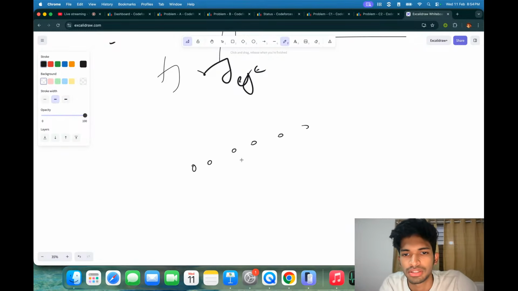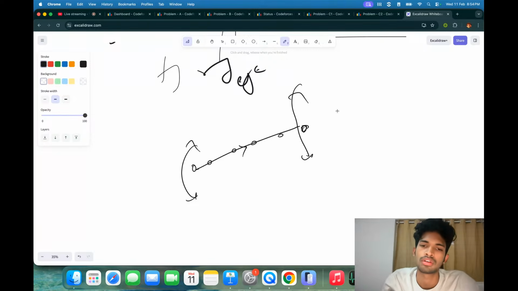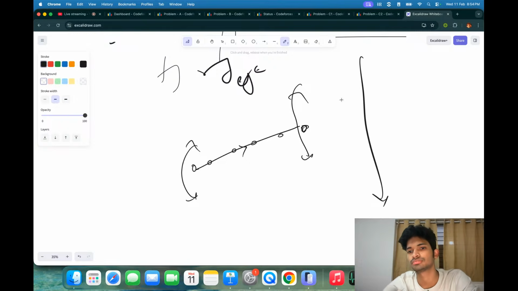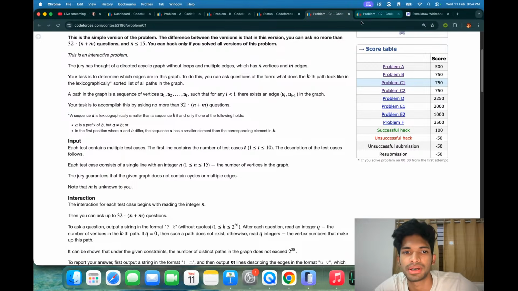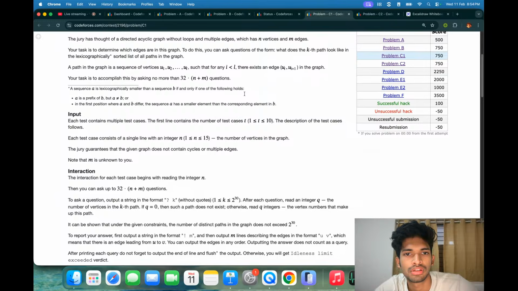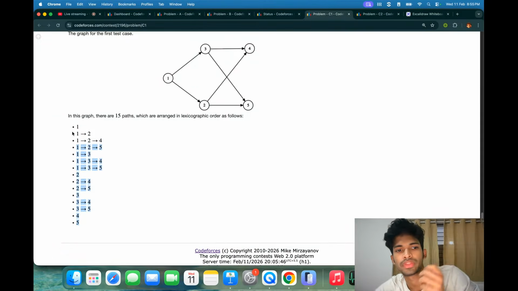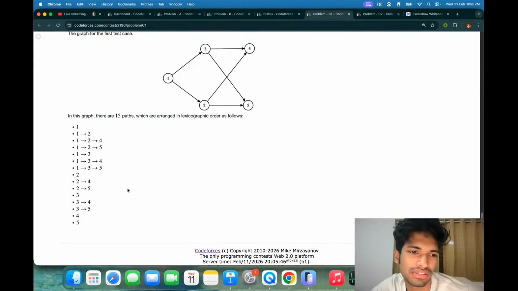So let's say you have this path, okay? You will get those paths. Let's say you have all the paths here, from the smallest path onward. Okay, what is a path? Even a single vertex is a path, right? Yes, even a single vertex is a path. So you have these lexicographically increasing paths.